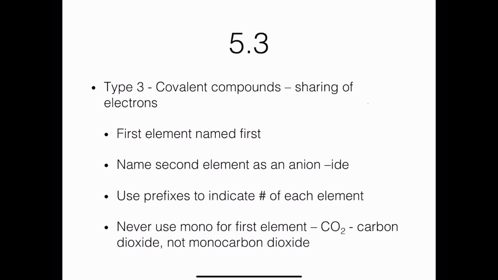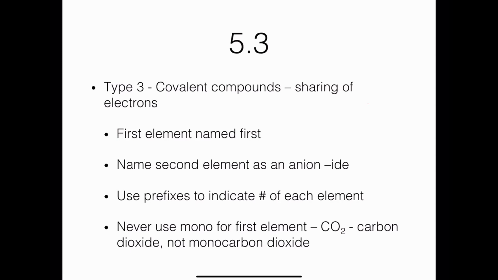It's named in a similar way as ionic compounds. The first element is named first. The second element is named as though we would name an anion in an ionic compound. So in other words, we change the ending to IDE. Even though we're not technically talking about an ion here, we're still talking about the second element that's going to indicate that we don't just have two individual elements, we've got two elements bound in a compound.